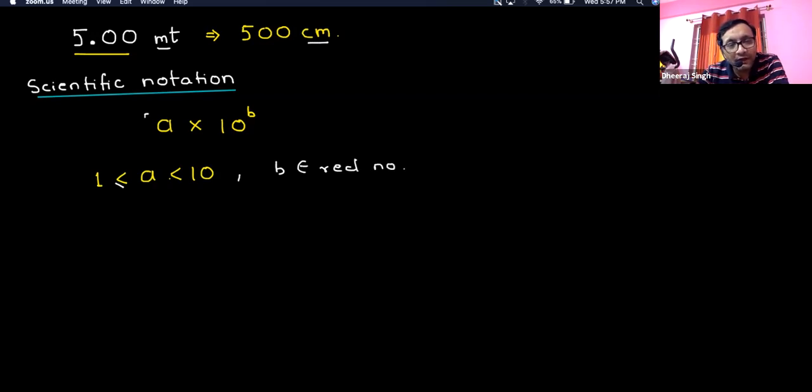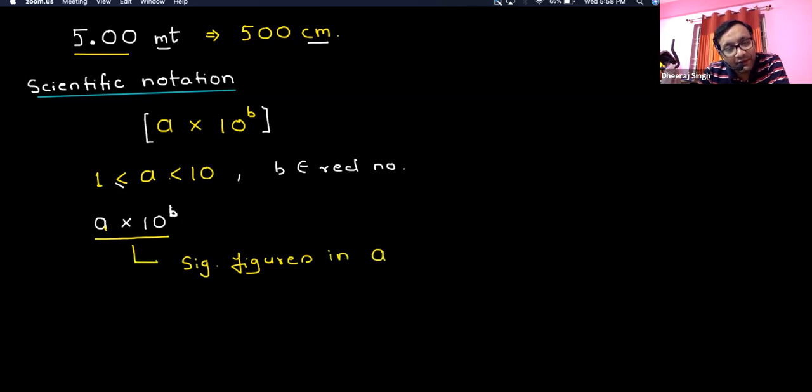So if you write your readings like that, A into 10 to the power B, and you have to find out the number of significant figures, you count the significant figures in A. The significant figures in this is equal to the significant figures in A. So now when you convert units, only the factor of 10 will change, A will remain the same.